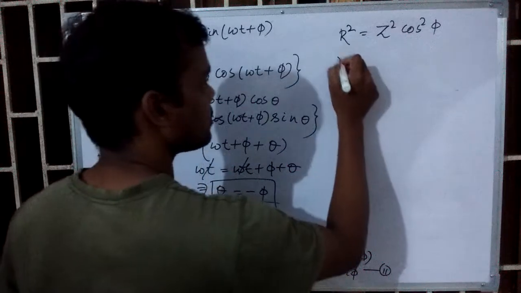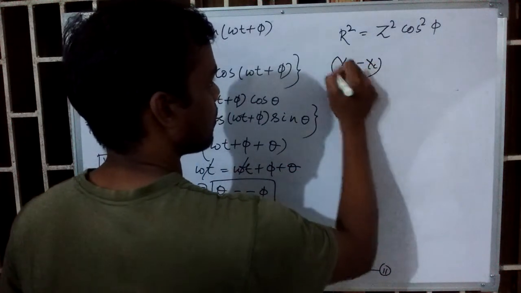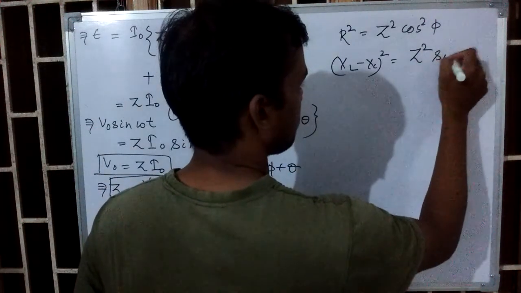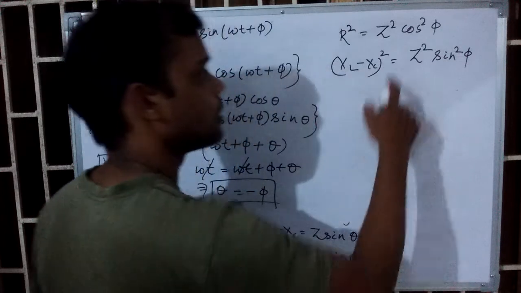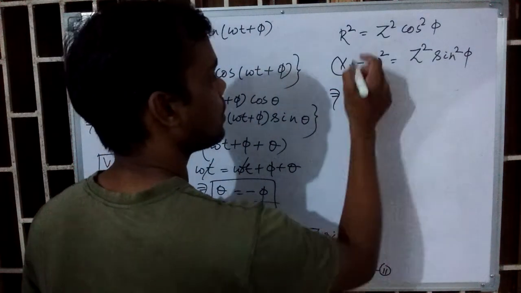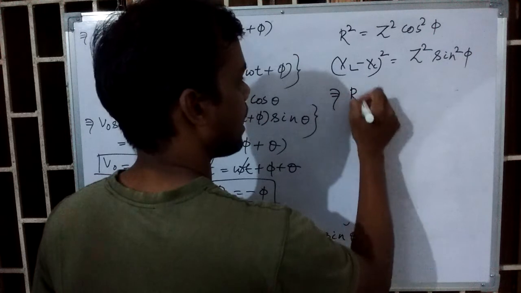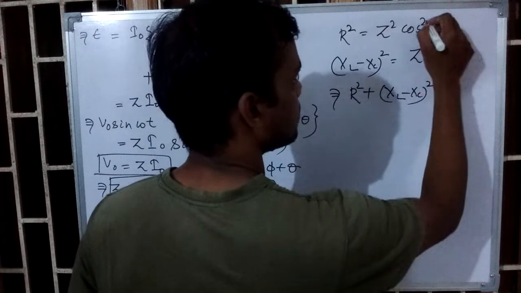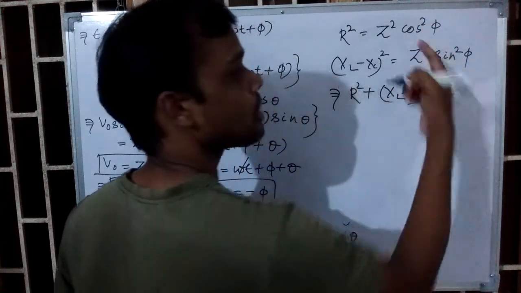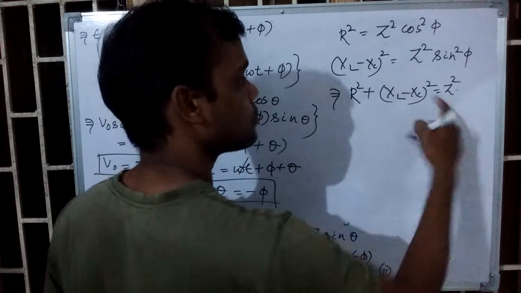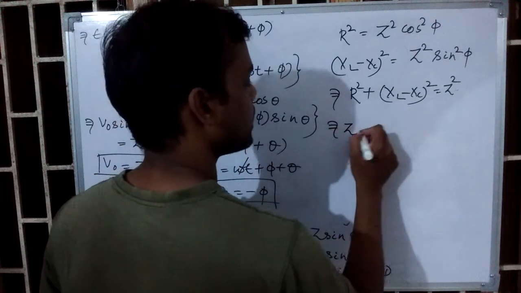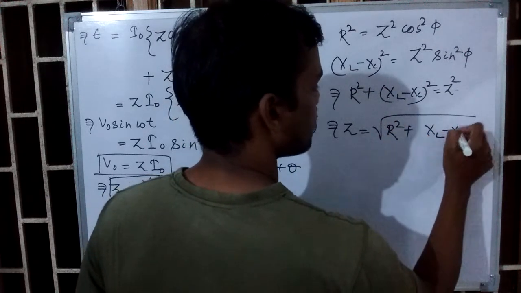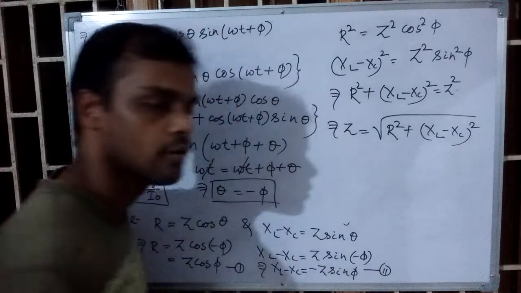Then XL minus XC square is equal to Z square sin square phi. Now add the equations. This implies R square plus XL minus XC whole square is equal to Z square whole into sin square phi plus cos square phi, that is 1. So Z is equal to root over R square plus XL minus XC whole square.